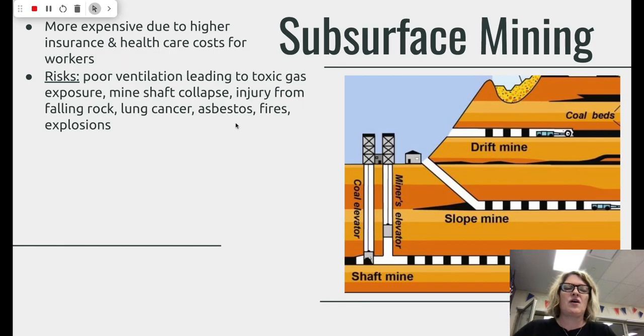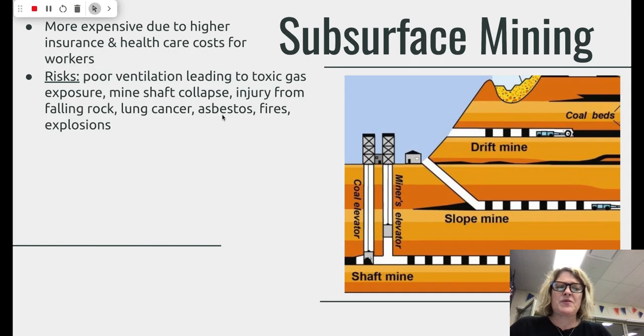The risks that are involved with subsurface mining also include worrying about a collapse of one of these mines that are below the surface, injury from rock that might just happen to fall off. And then because you're dealing with a lot of dangerous materials under the ground in a small area, there's going to be a lot of breathing in of this dangerous gas and particles. And so that can lead to lung cancer.